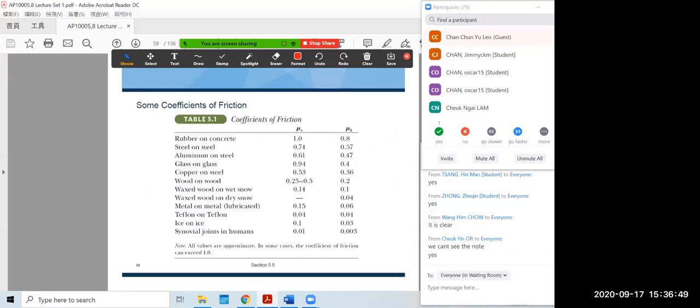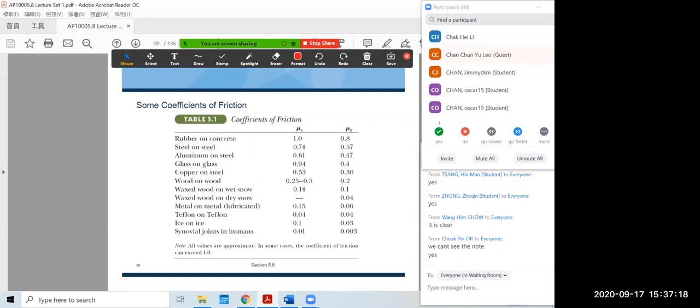So here are some numbers. Once again, students are very keen to memorize anything. That is what I would not suggest. I would not suggest memorizing these numbers. In any case, the numbers are just for reference. They could be changed easily. If you have a piece of steel that is roughened and put on another roughened piece of steel, the coefficient of friction would be much increased.